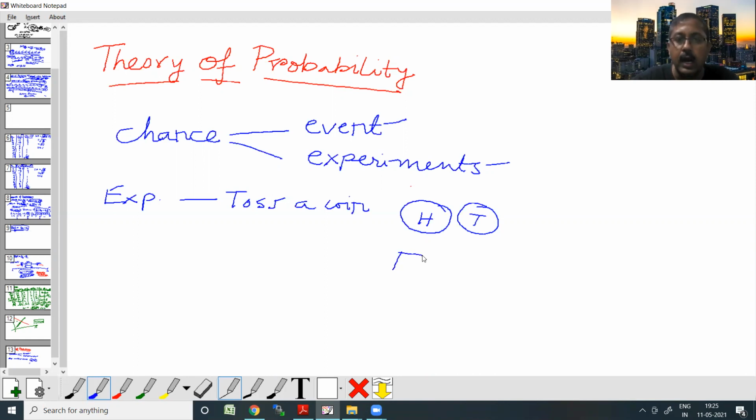In the same way, a very common example generally given in the context of probability is rolling a die. A die is like a cuboid like this, right? There are certain points on the faces, like one, then two, right?